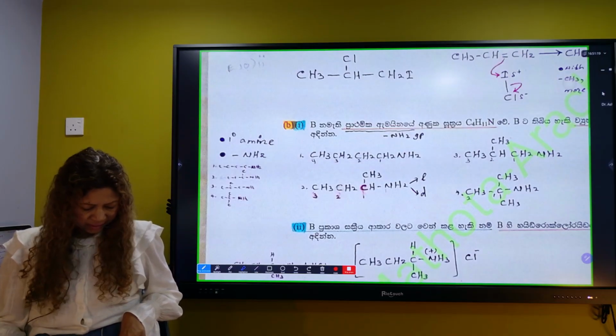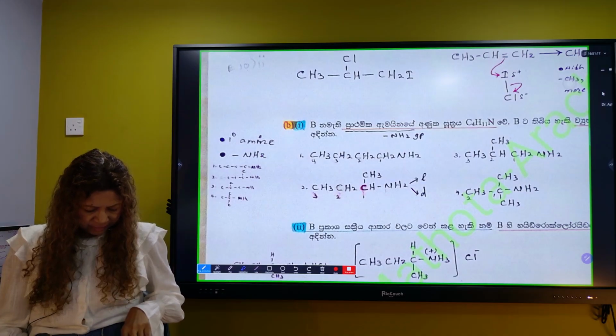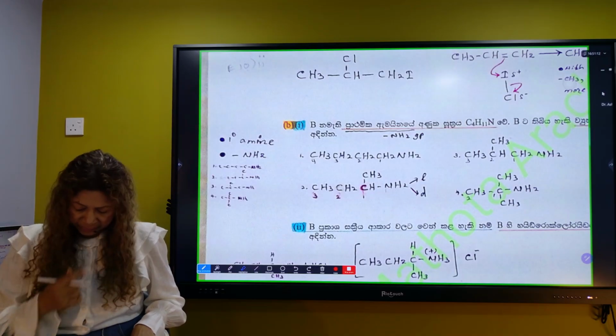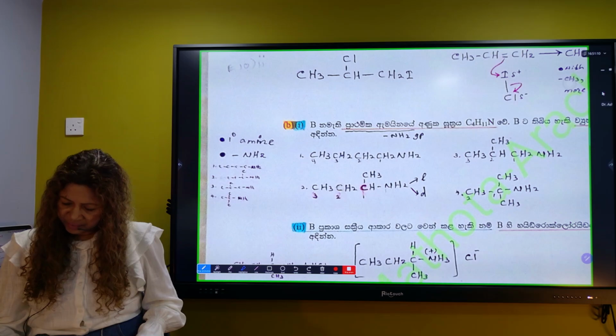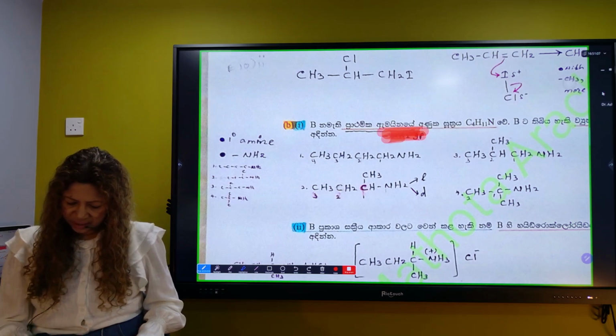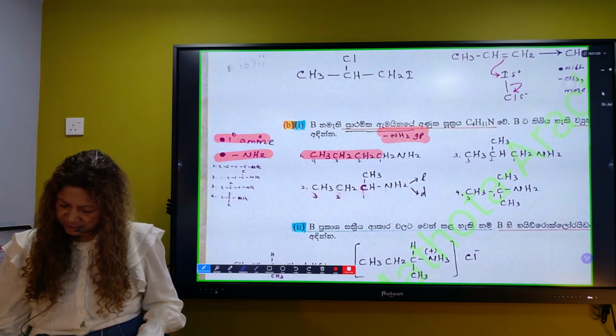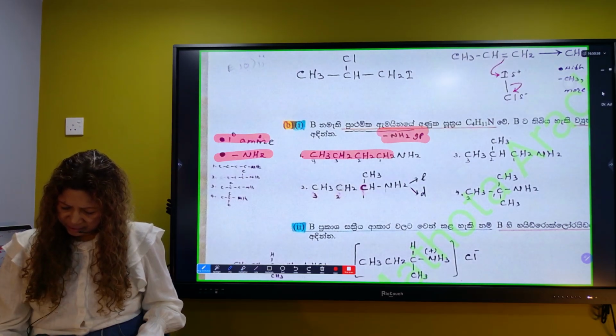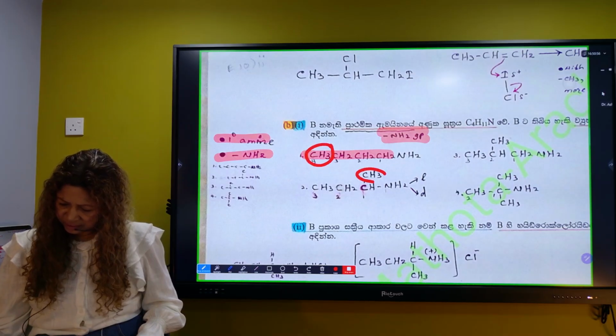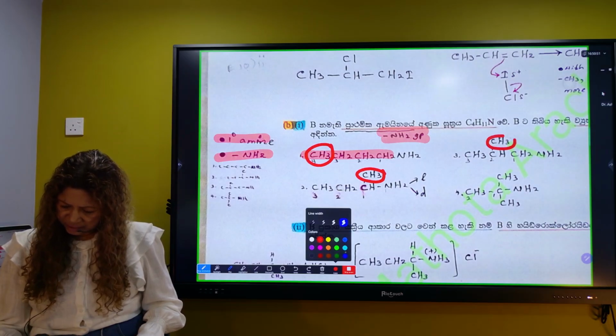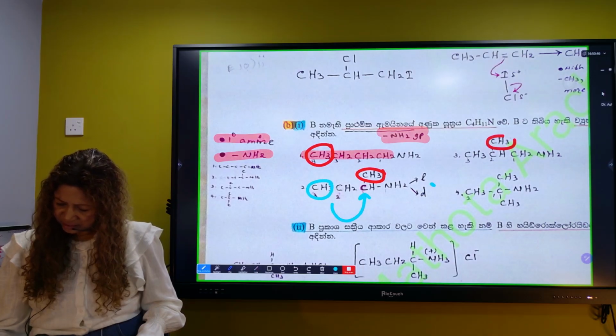Okay, next one, C4H11N with primary amine, and that's a primary amine, so an NH2 group is supposed to be there. Primary amine NH2, so long chain, and I'm going to detach this carbon and join here and here, and then I'm going to detach this carbon and join here, and that is this.